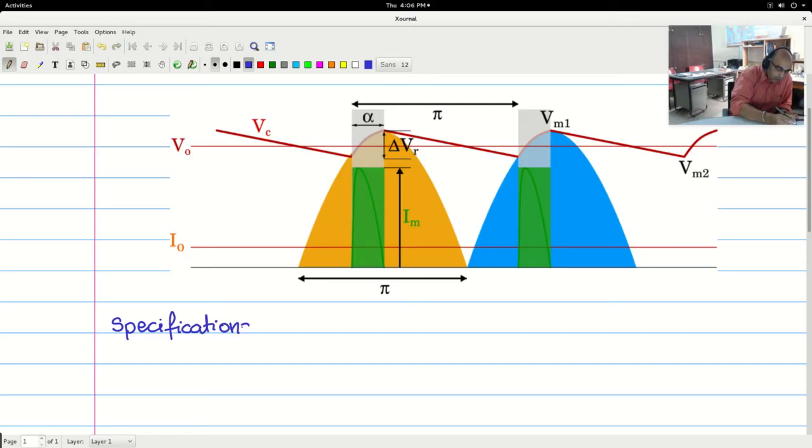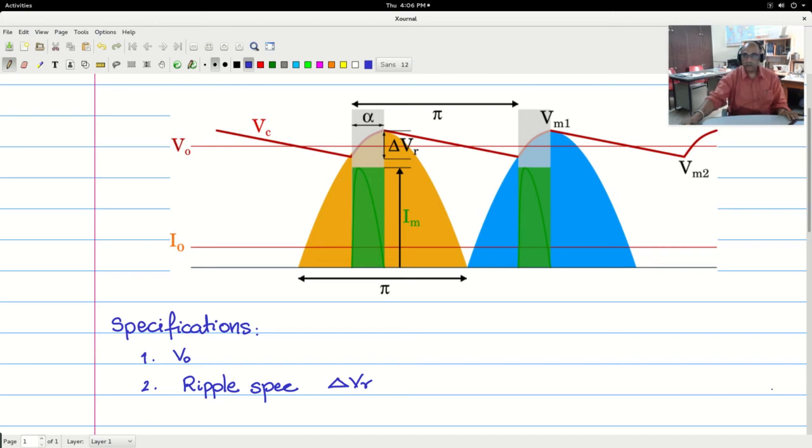One of the things given would be the value of V naught, and the ripple spec. It will be given as the peak to peak ripple variation, delta VR, as we have marked.